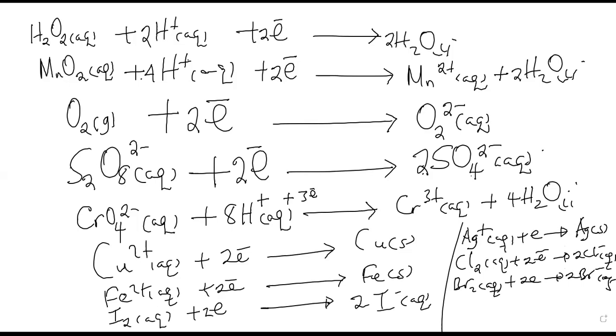Can I go to reducing agents? Yes. Reducing agents, I may not first outline all of them, but I'm going to outline them as I write their equations to save time.